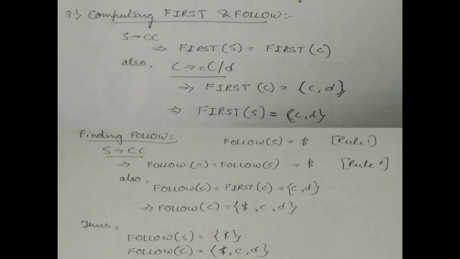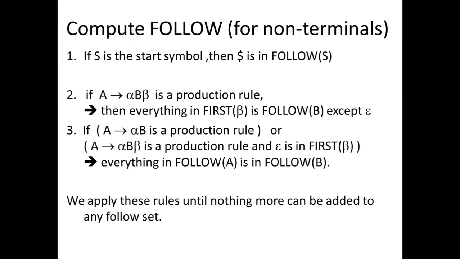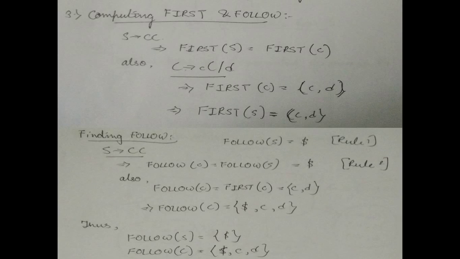Now finding follow. According to the first rule of follow, if S is the starting symbol, then dollar is in follow of S. That's how we got follow of S is equal to dollar using rule 1. Now for the production S gives capital C, we get follow of C is equal to follow of S, which is also dollar.